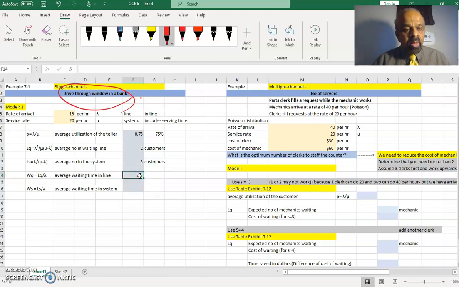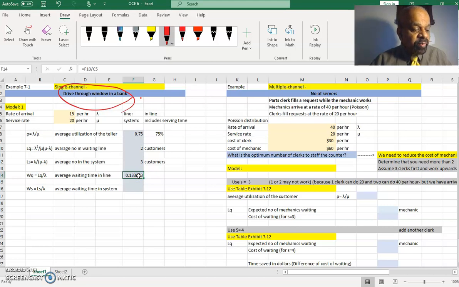Okay, let's find the average waiting time in line. For model 1, the waiting time in line is WQ, and that is going to be equal to LQ over lambda. LQ is the one that you calculated, which is 2, divided by lambda, which is 15, and that comes to 0.13. You can make this different decimals, but maybe the best thing is probably 2 decimals.